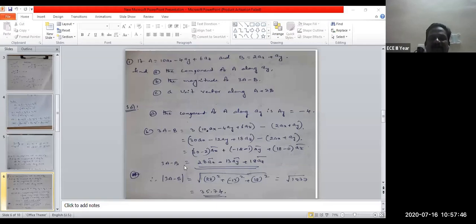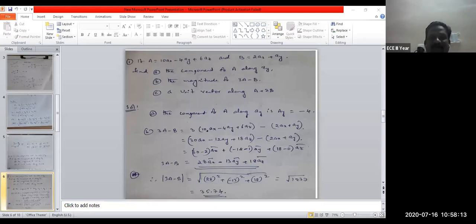So the resultant 3a minus b is equal to 28ax minus 13ay plus 18az. Right? But we want the magnitude. So we have to see each and every word that is present there. The notation and the representation is more important.